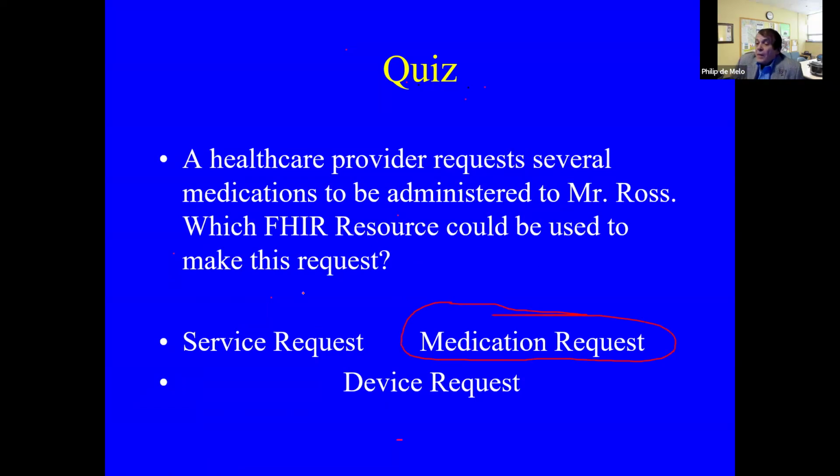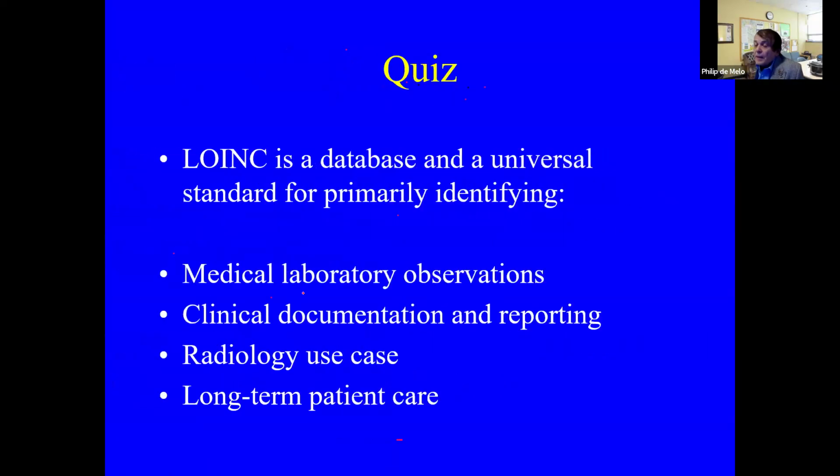Okay, now another question. LOINC is a database and a universal standard for primarily identifying... Okay, so you have to check what it is. It is medical laboratory observations. It identifies clinical documentation, radiology use case, and long-term patient care.